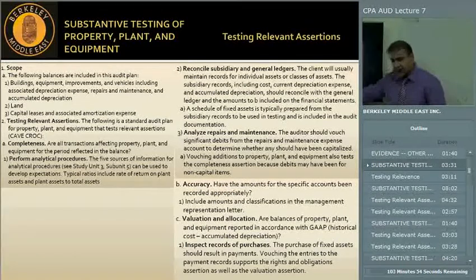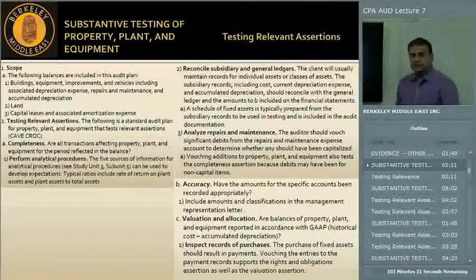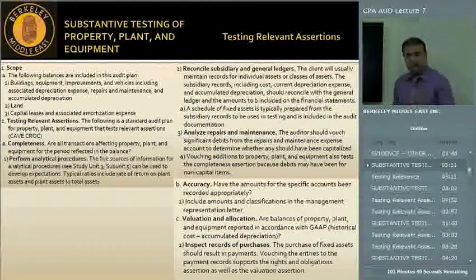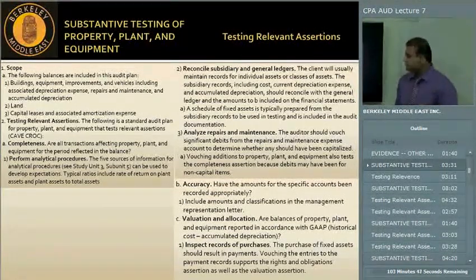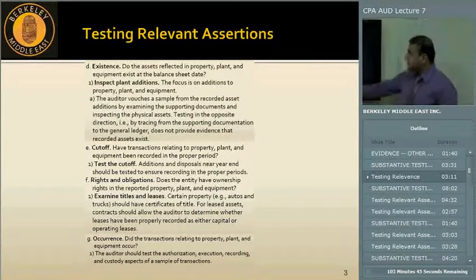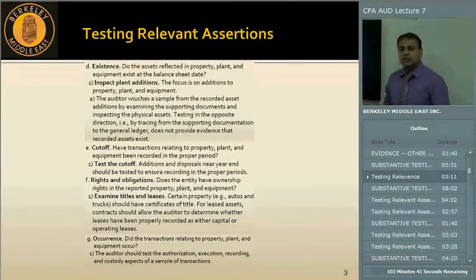Then you can test the depreciation, how it is calculated. You can see the consistency, that every year the straight line, same method is used. And you can see the existence, that assets physically exist, like we do in the case of inventory, where we observe the stock take, we go to the location, we see physical stocks are there.